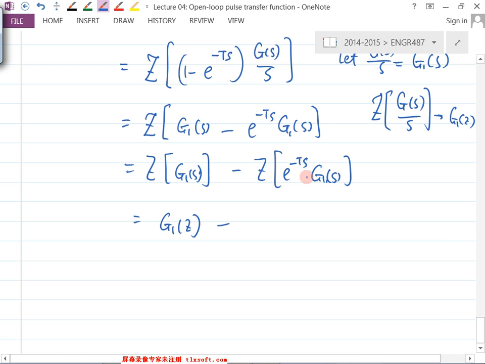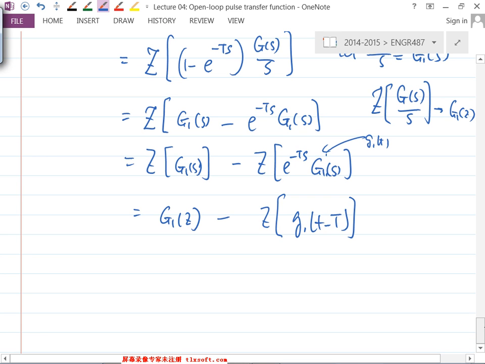When you see an exponential function like this, that tells you the original time function has a time delay. How much delay? Capital T. Let's say this g1 of s corresponds to a g1 of t time function. If you transform it back to a time function, there will be a time delay of capital T.